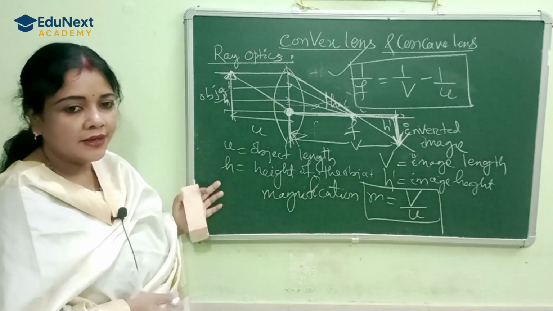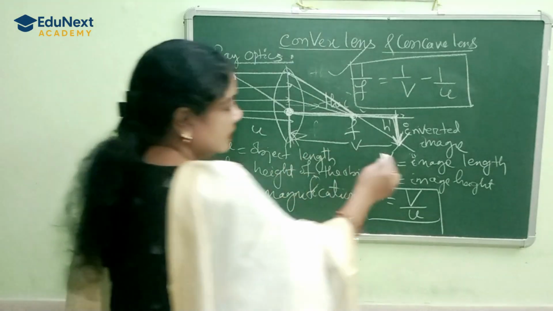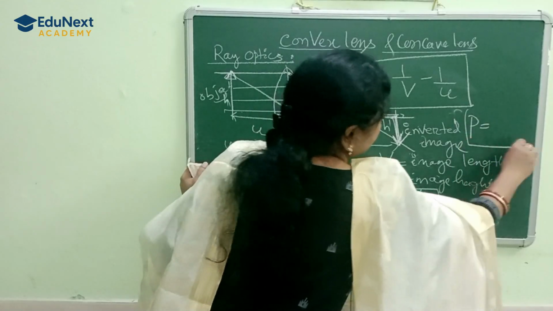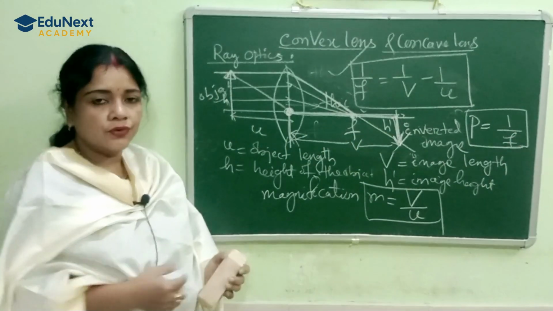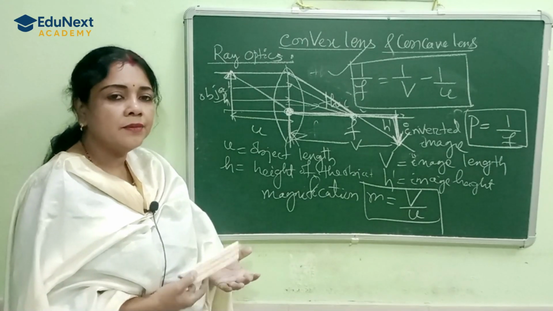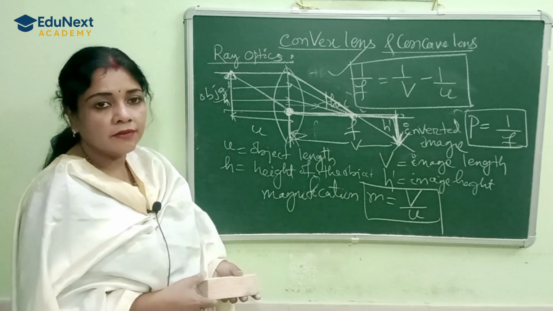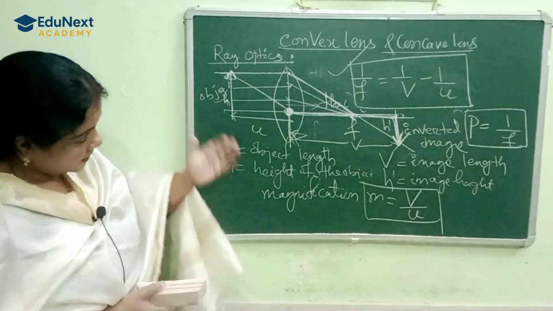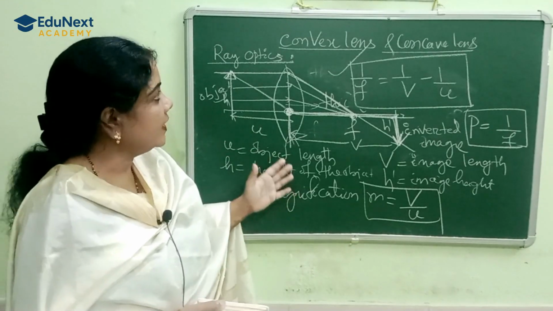Again, power can also be calculated. The power of this lens is equal to 1 by f. So we have to follow all the formulas to solve the different problems required for your JEE Main questions. This is a brief explanation regarding the convex lens.